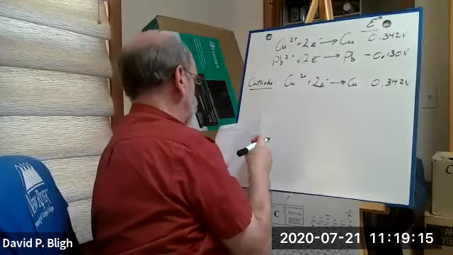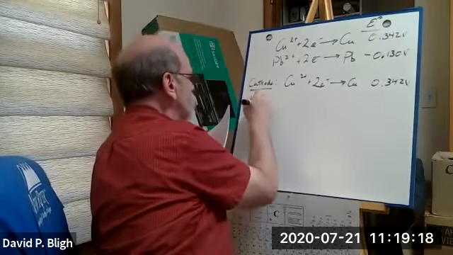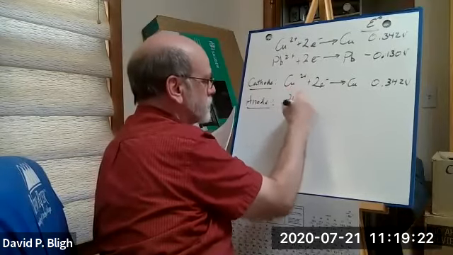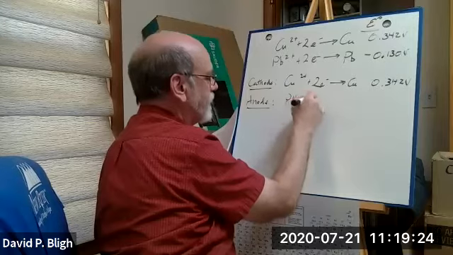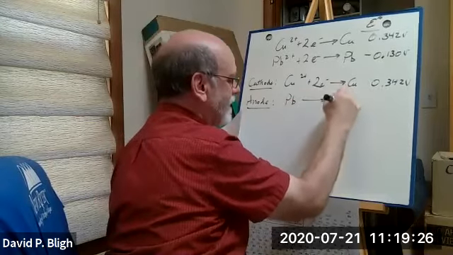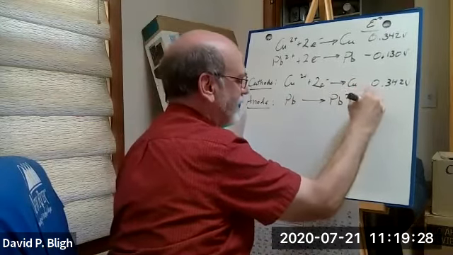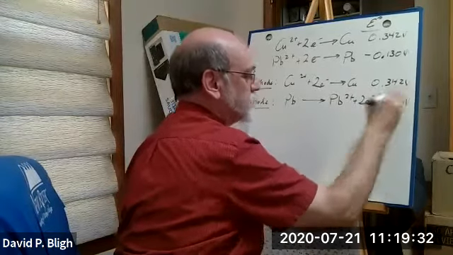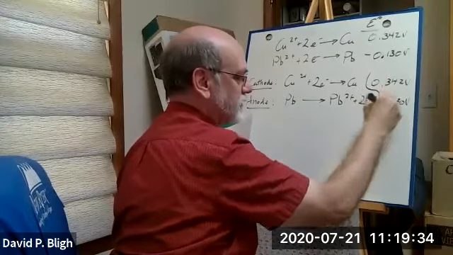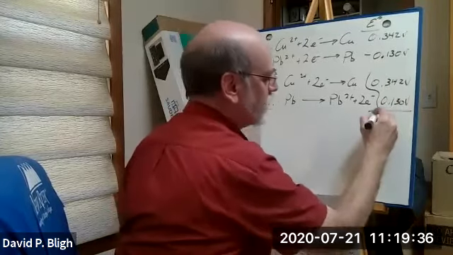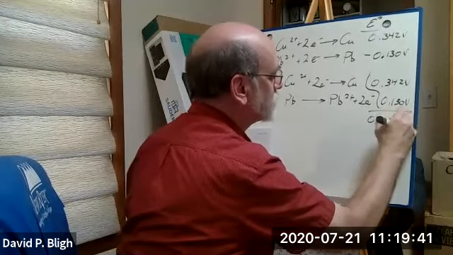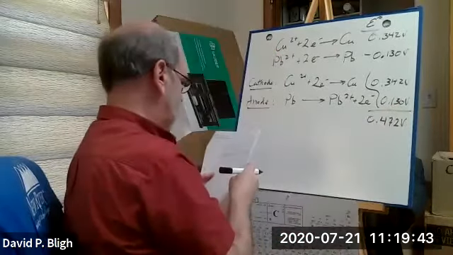And this one is the anode, so it has to be reversed at 0.130 volts, positive. Add those together, and we get a total of 0.472 volts.